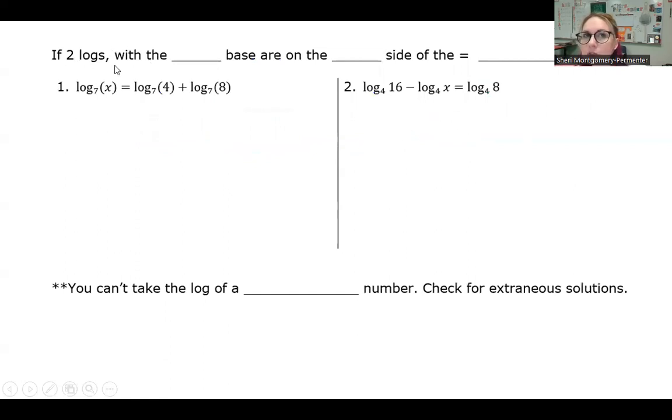Next, it says if 2 logs with the same base are on the same side of the equals, I want you to go and look at day 2.